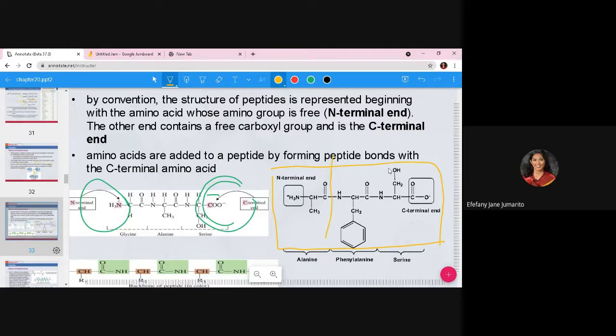Okay, one, and then two, then we have three. The first amino acid is alanine. Then the second one is phenylalanine, that's an amino acid also. And then we have serine.